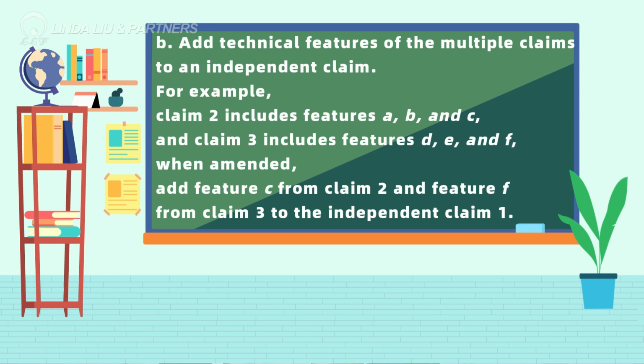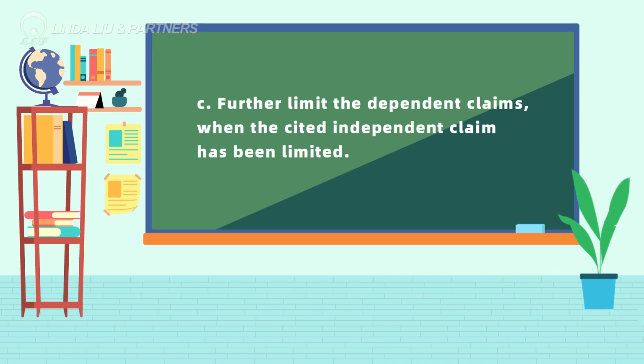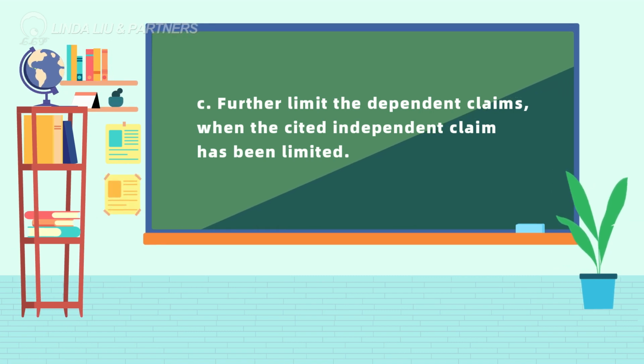For example, Claim 2 includes features A, B, and C, and Claim 3 includes features D, E, and F. When amended, add feature C from Claim 2 and feature F from Claim 3 to the independent Claim 1. C. Further limit the dependent claims when the cited independent claim has been limited.